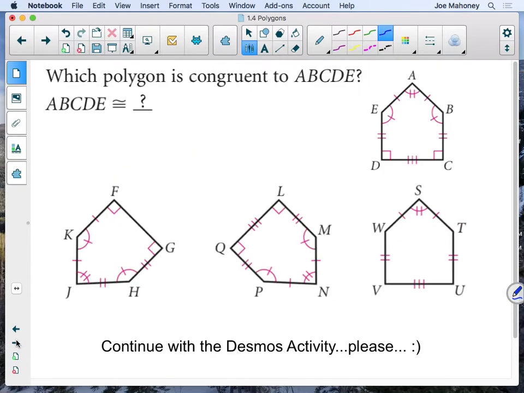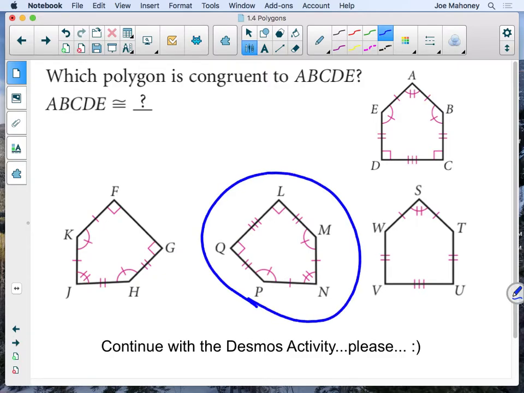So if you take a look at this figure here, polygon ABCDE is drawn. Which polygon is congruent to polygon ABCDE? It appears that this polygon is congruent.